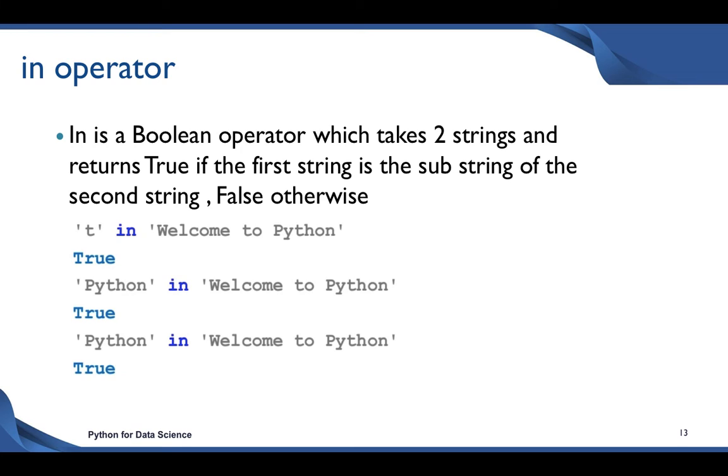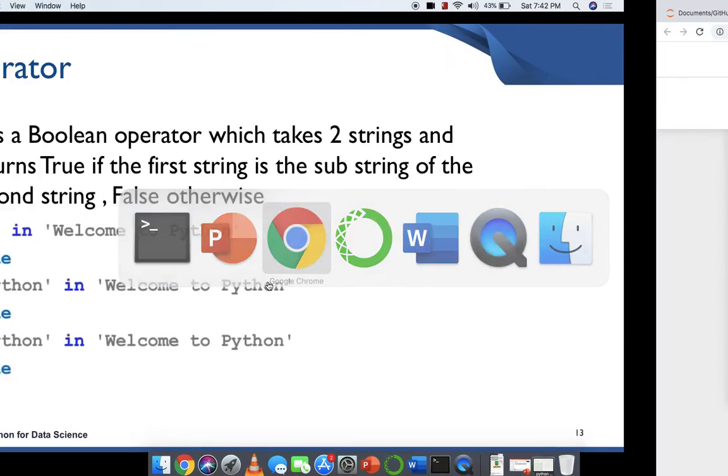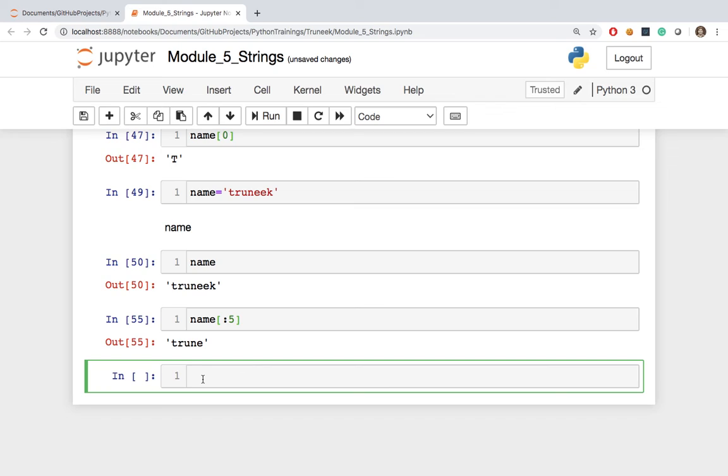In the second part we are checking whether "Python" is present in "welcome to Python". So it takes two strings, the first string is matched against the other string, and it returns true or false.